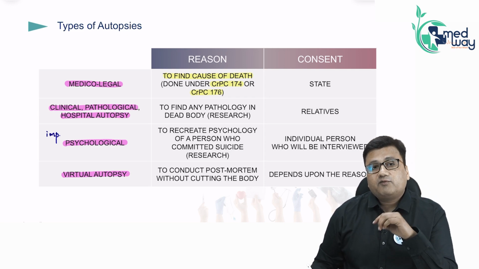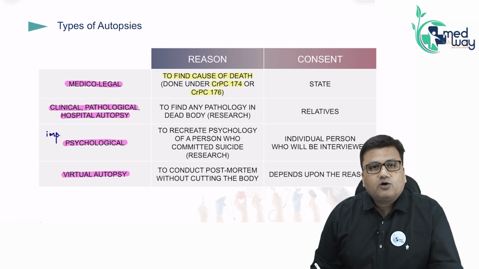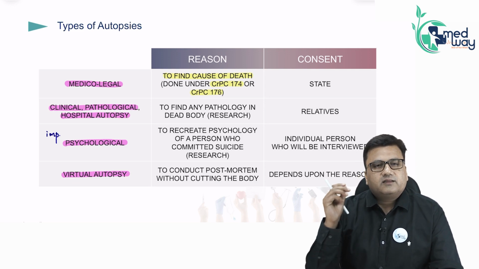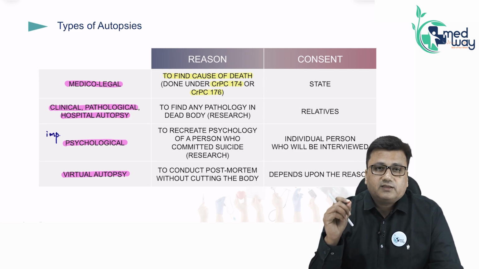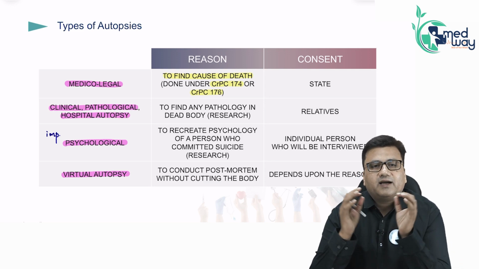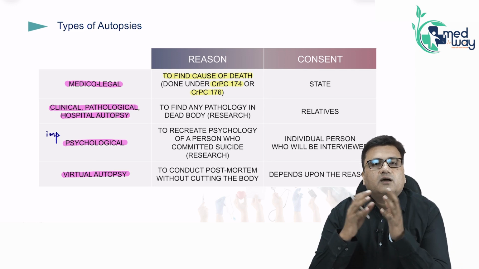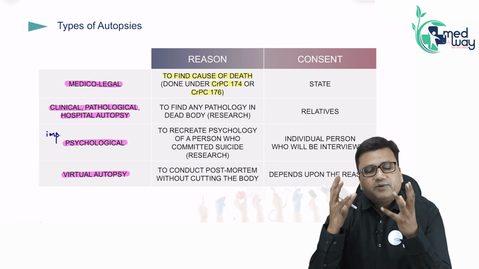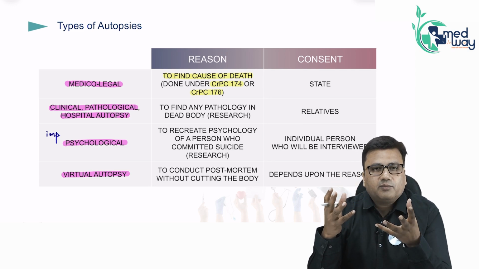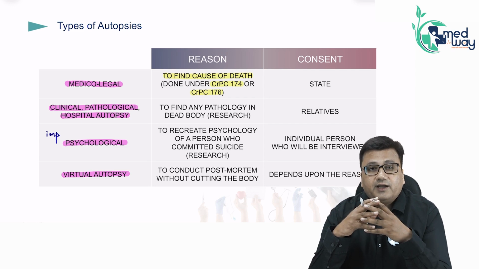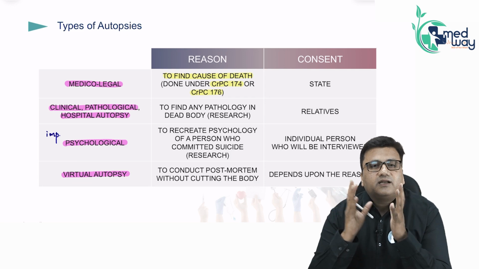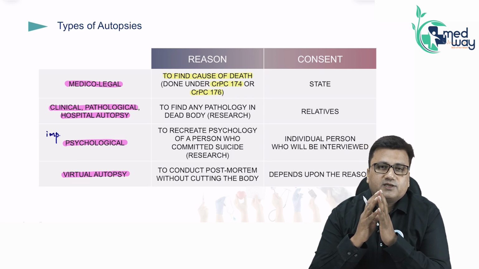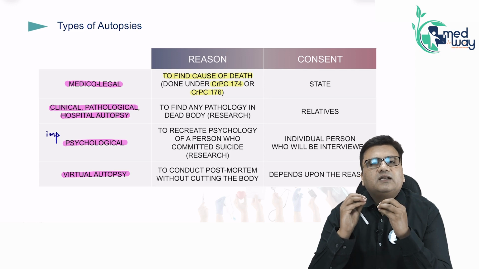Then the second form of autopsy is called clinical or pathological autopsy. This is a type of autopsy which is not done to know the cause of death, but is rather done by a clinician who is treating a patient, and the patient dies under the treatment, but the clinician is worried because probably the patient didn't respond to treatment or it was a unique novel case, and thus the clinician wants to undertake the autopsy to know the pathological reason of death.